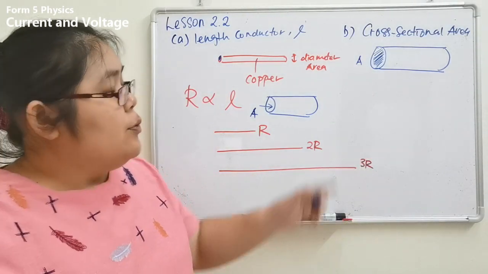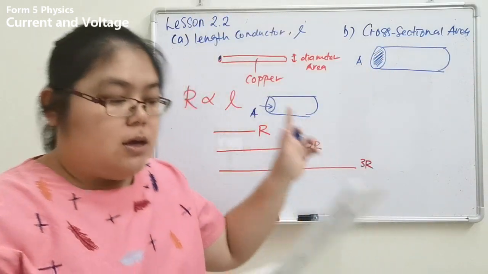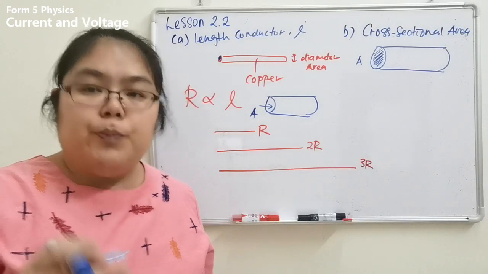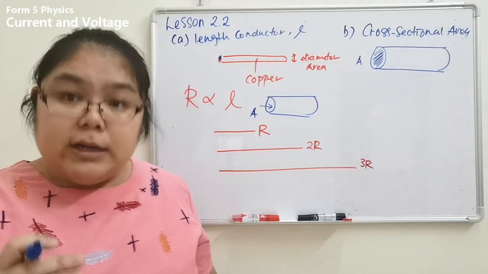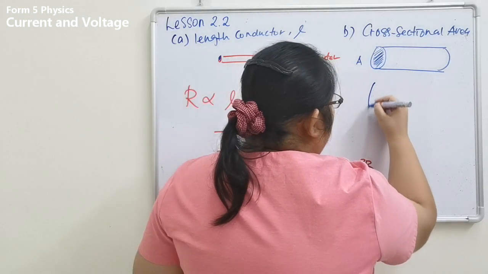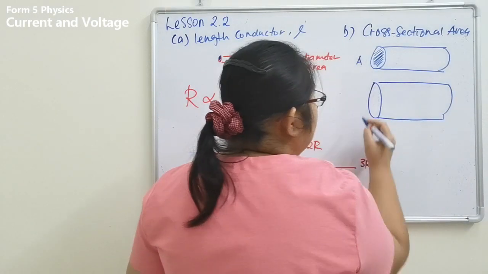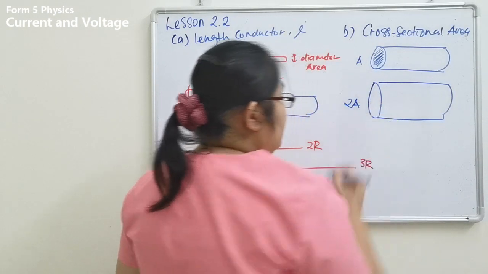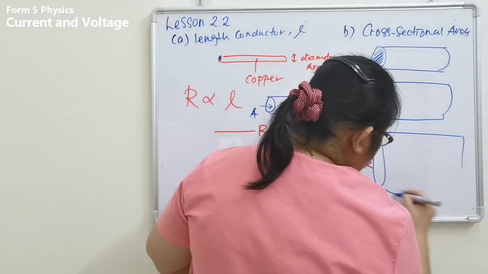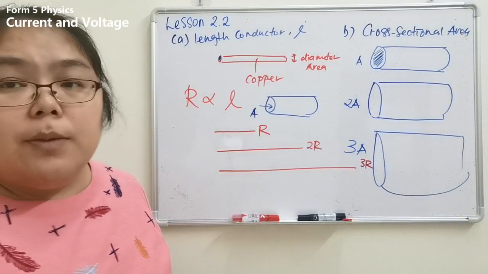So from here they say when the material is the same and the length is constant, the resistance is inversely proportional to the cross-sectional area. If I draw another one, this one is 2A. Then I draw a third one, 3A.